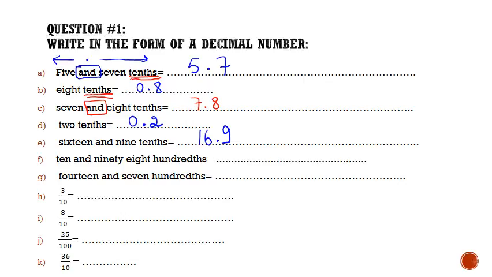Yes, Serene, can you help us? 10 and 98/100. So what do I have now? I have the hundredths, right? What's the whole part? 10. So it's 10 point what? 98. Okay?